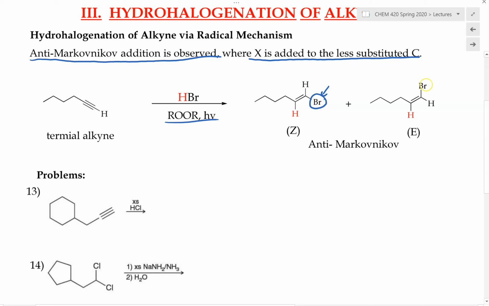The stereochemistry can be either E or Z. In this case, this one is Z, and this one is E. So we'll be forming both of these products, and this is the anti-Markovnikov product.